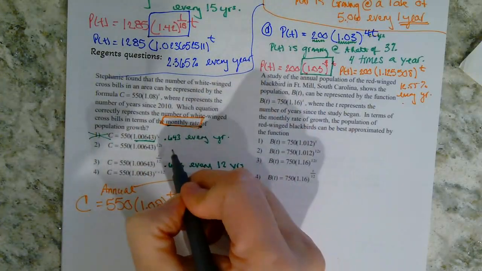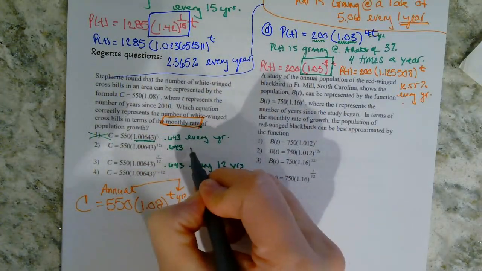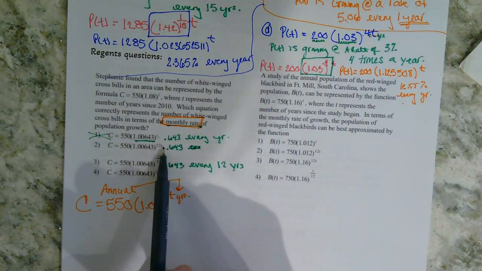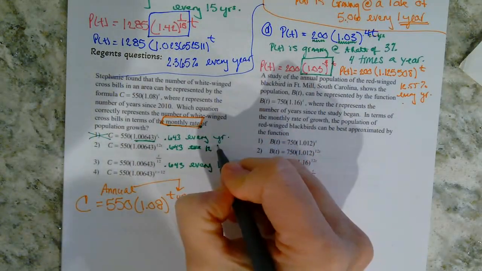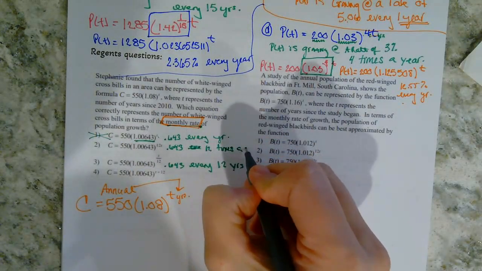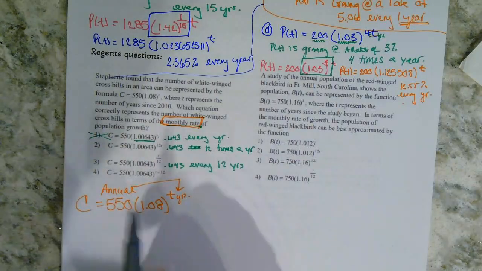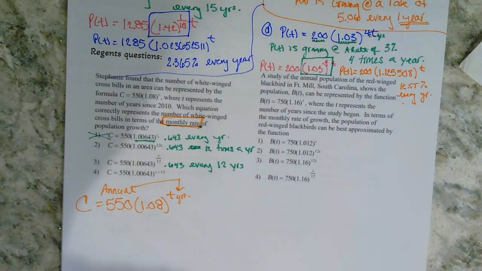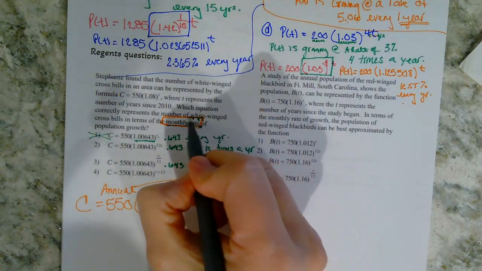Number 2 says it's increasing by 6.43. Now remember, when I multiply by 12, that's read 12 times a year. So this is 12 times a year or every 12 years. Which one to you means monthly?